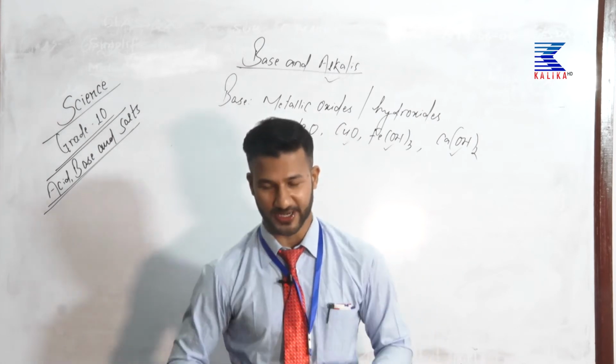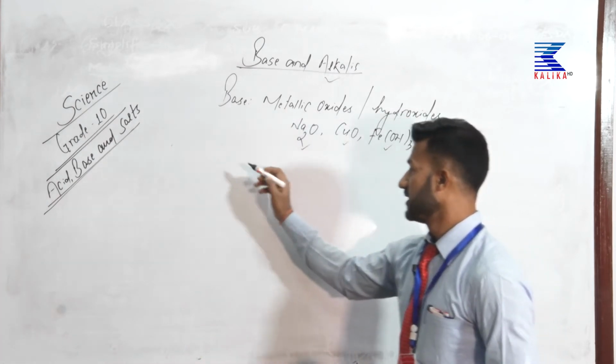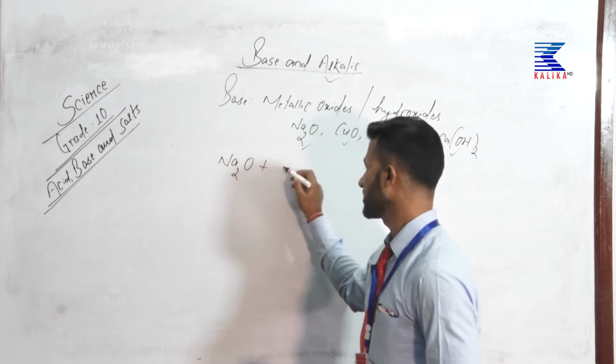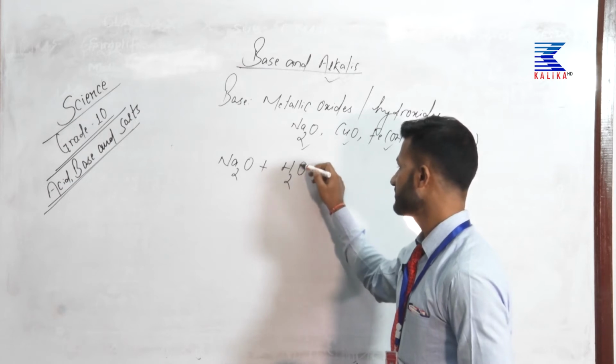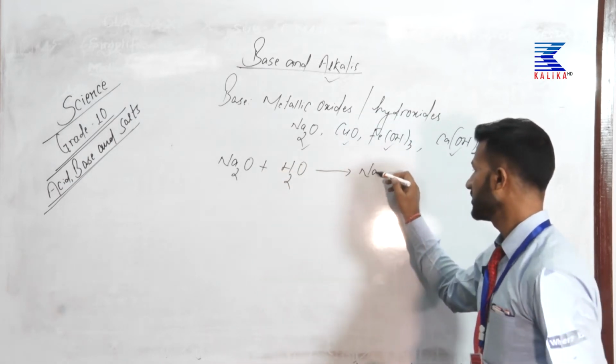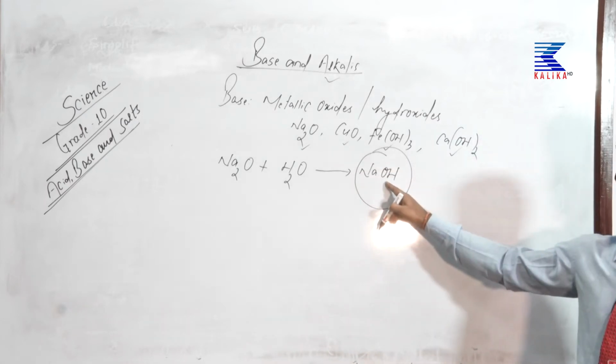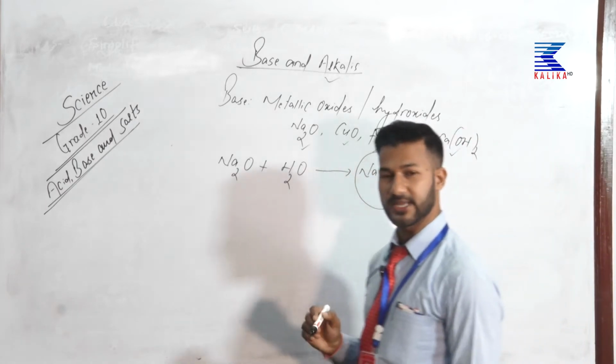Let me make it more clear. Look at this compound, sodium oxide. When it is dissolved in water, it forms sodium hydroxide. Look, this is alkali.